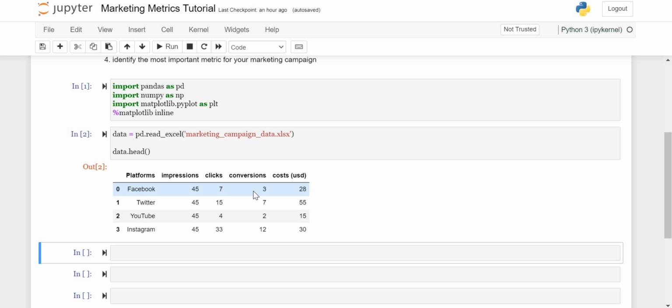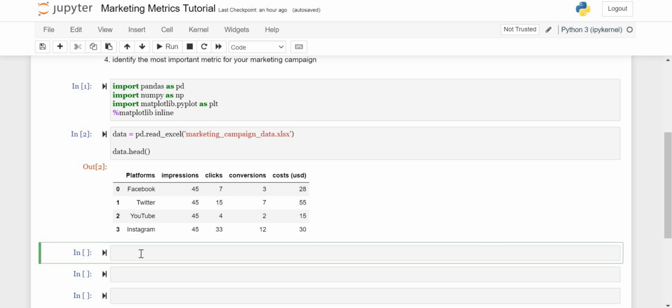So that is what we call conversion in marketing. Then the cost, the amount you pay to the platform, is the cost in US dollars here. So that is basically the explanation of each of these columns, and we're going to see how we make use of each column.